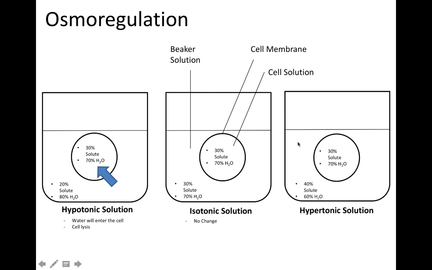Now, the beaker solution has a 40% solute concentration, and 40 is indeed higher than 30. So which way will water move? Water always moves towards the higher solute concentration. So will water enter or exit the cell? Water will exit the cell. Water will leave the cell, and the cell will actually shrivel up and shrink.